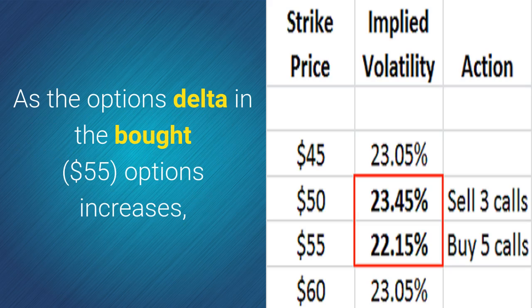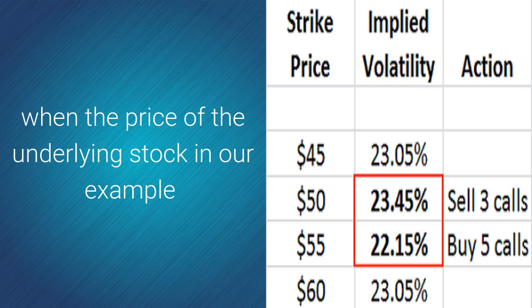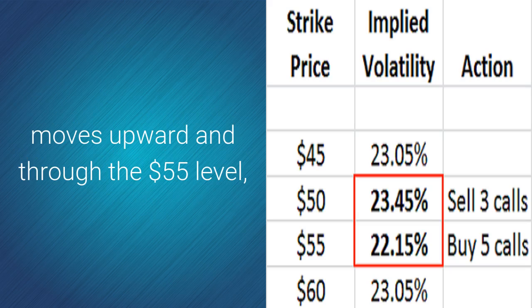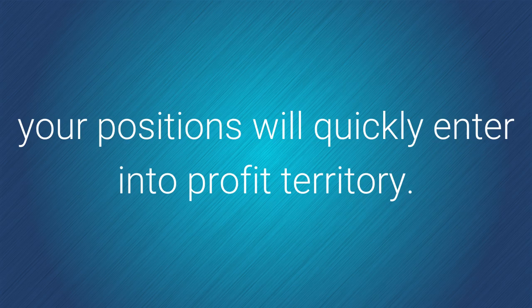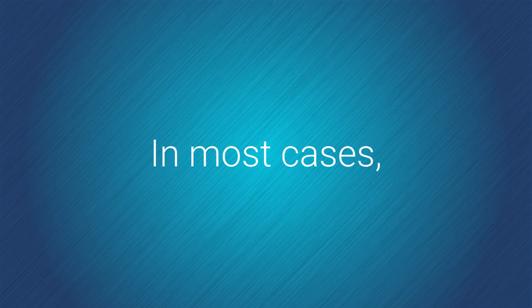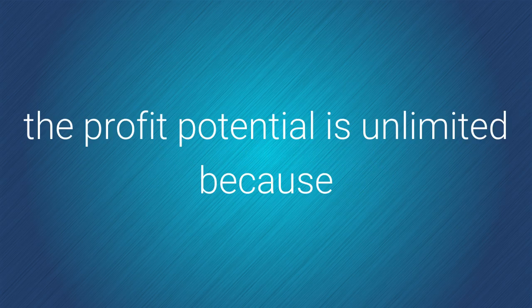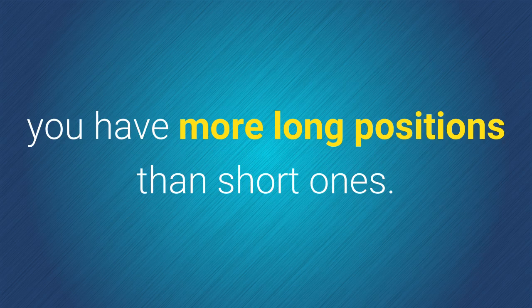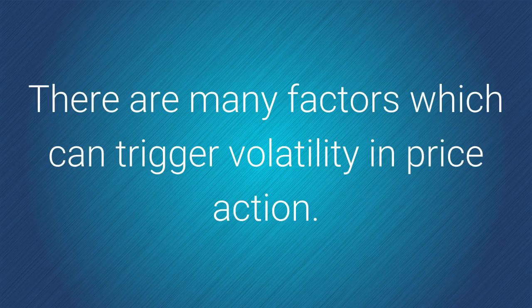As the options delta in the bought $55 options increases when the price of the underlying stock in our example moves upward and through the $55 level, your positions will quickly enter into profit territory. In most cases, the profit potential is unlimited because you have more long positions than short ones. There are many factors which can trigger volatility in price action.